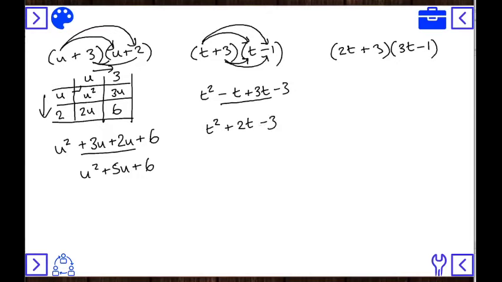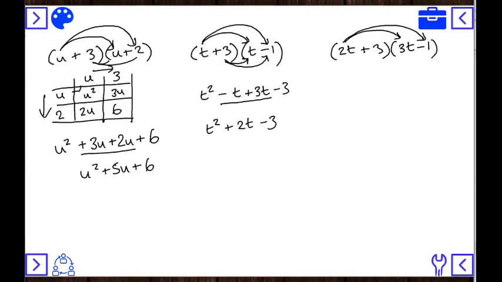So on question 3, this is where it started to get a little bit harder, because no longer have we just got t, we've got 2t inside of one bracket and 3t in the next. However, let's move onto this using the claw method. Either one is absolutely fine, whether you use the grid method or the claw method, because you'll notice that the working out will still be exactly the same.